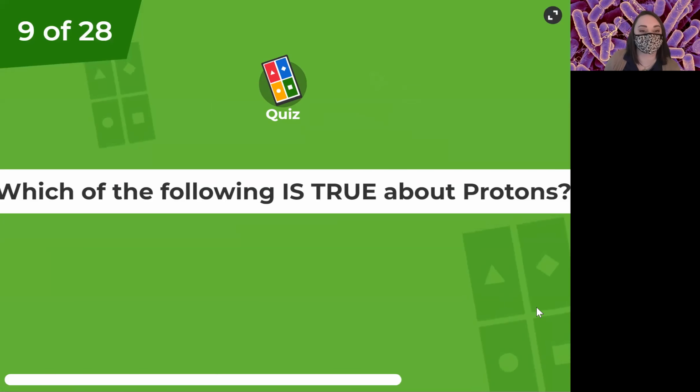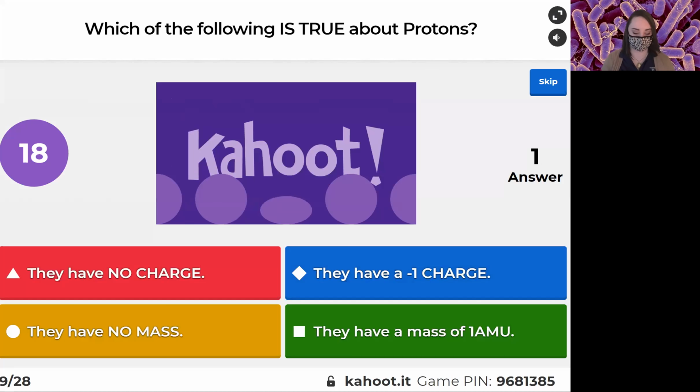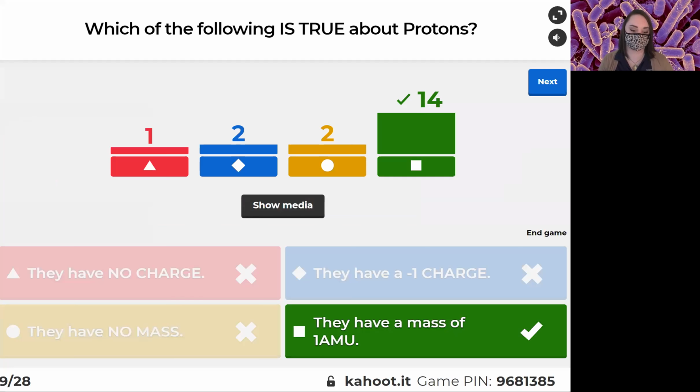Which of the following is true about a proton? Good. So they have a mass of 1. Remember, they have a positive charge, okay, +1 charge.